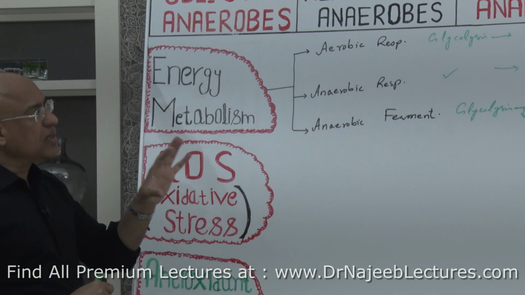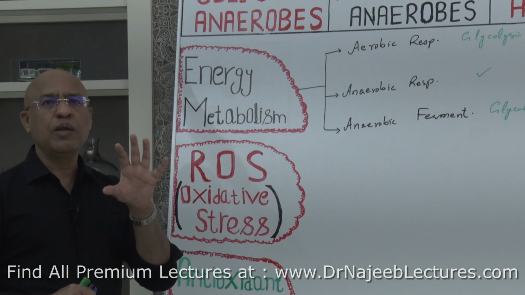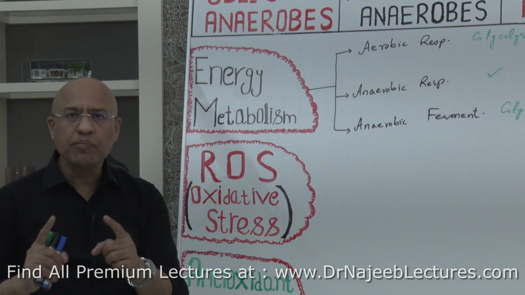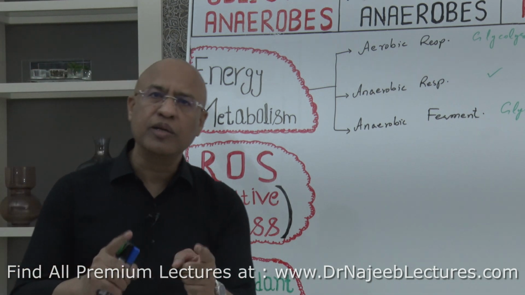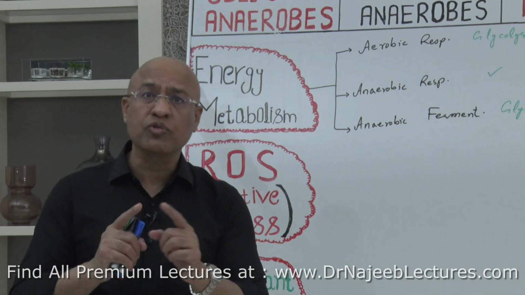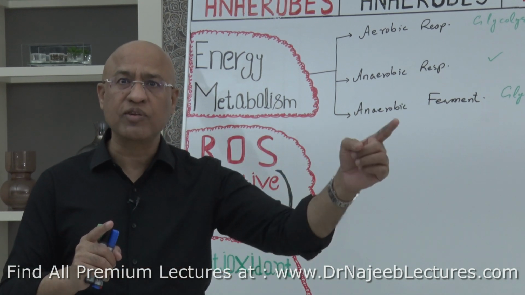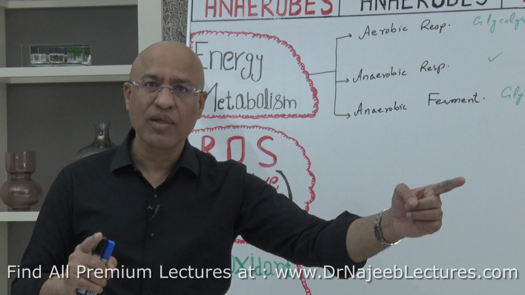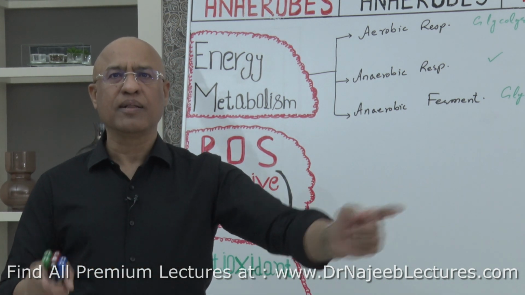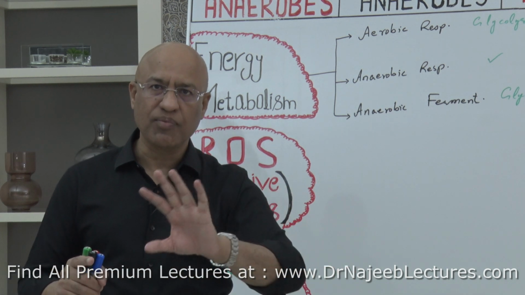When oxygen is available to bacteria, the first thing we have to determine is whether bacteria can use the oxygen for energy production or not. If bacteria can use oxygen as a final electron acceptor, they are aerobic bacteria. And if they cannot, we say they are anaerobic bacteria. Clear?